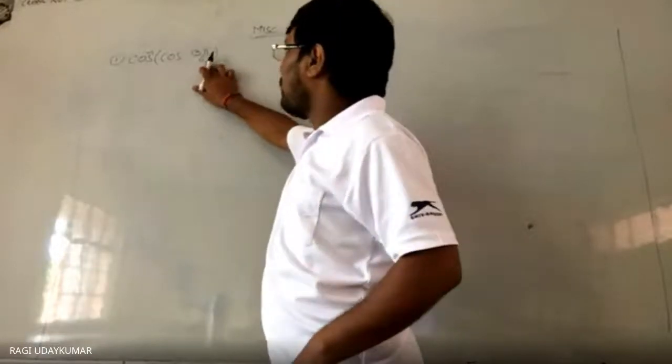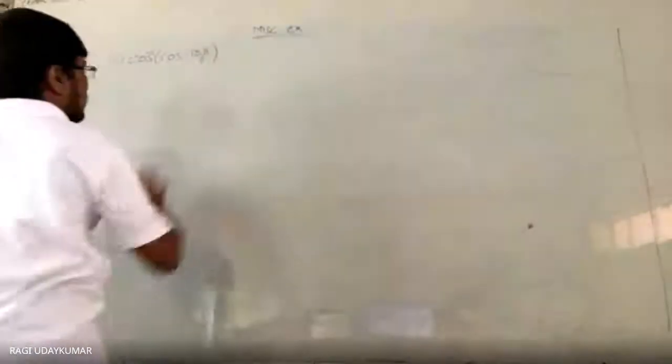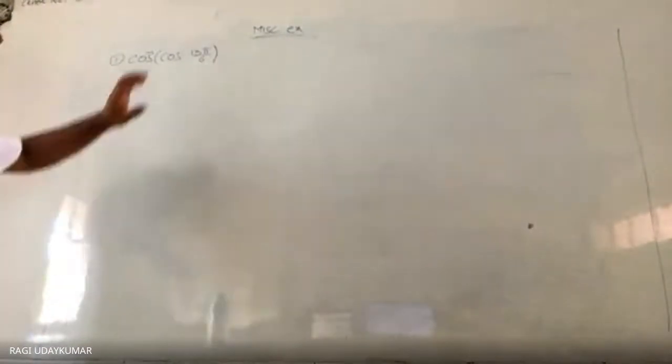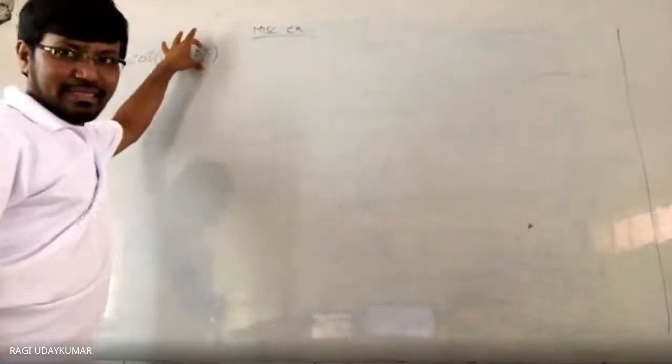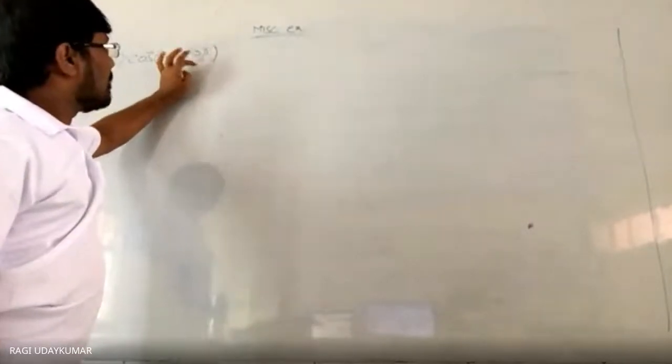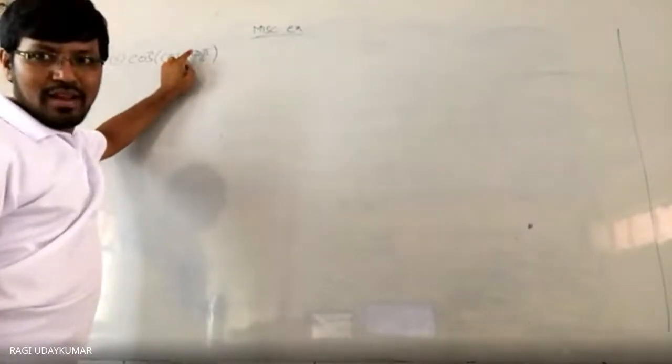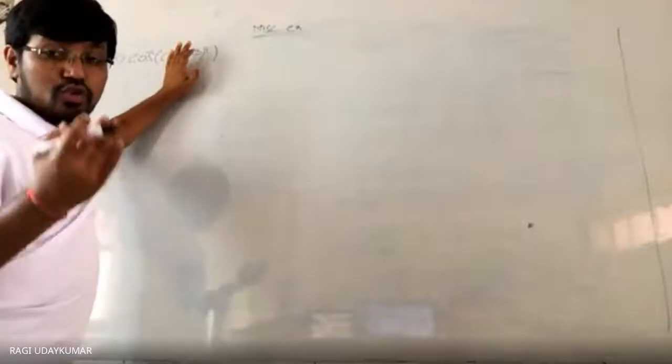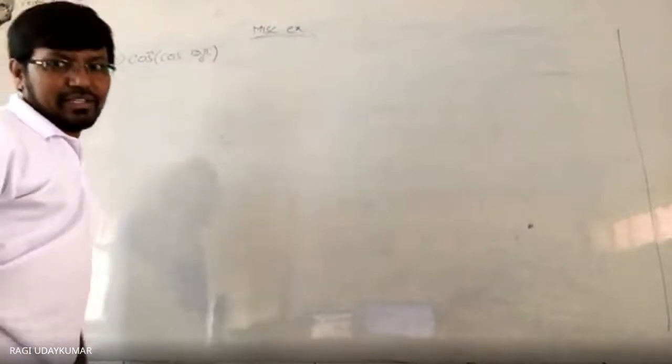Observe first, because mostly the questions will be given like this. This is more than pi, and more than pi is nothing but 6 twos are 12, so 2 pi plus pi by 6 you can write.